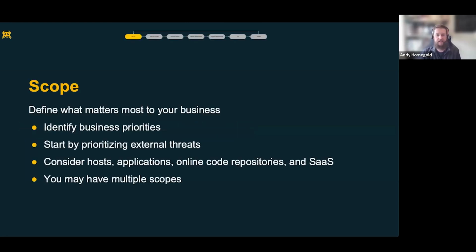The scoping process is really important because we want to focus on the things that matter to our business. So we need to identify business priorities first. So rather than trying to fix everything, rather than trying to find everything, let's try and find the things that are really going to impact our business. This is most likely going to be a manual approach.